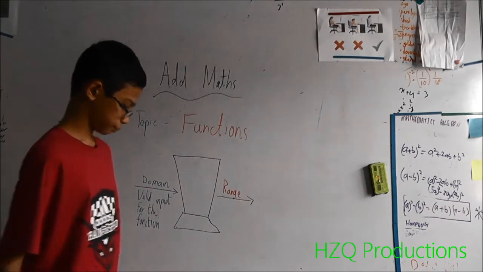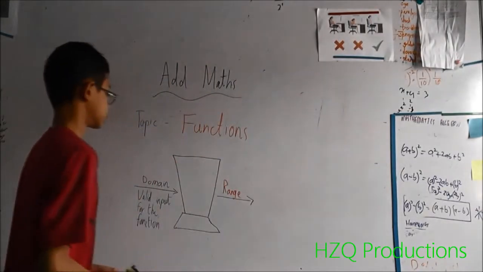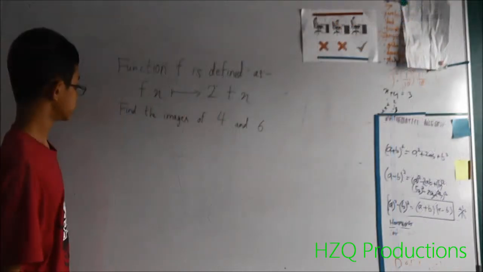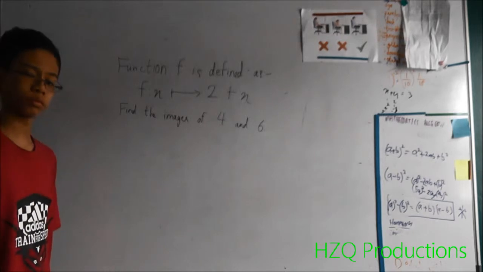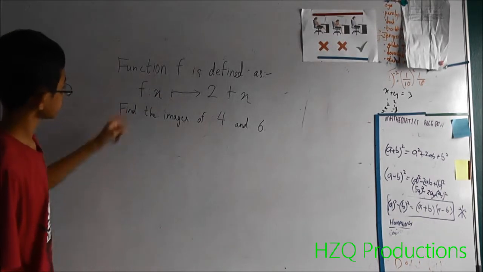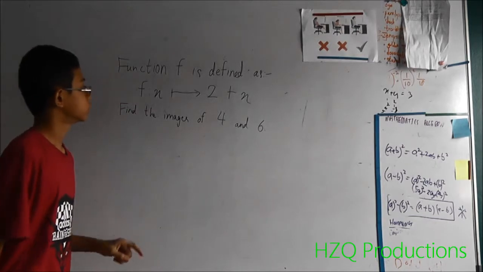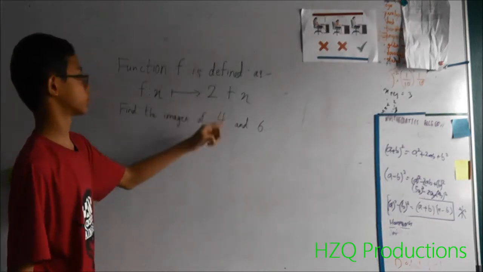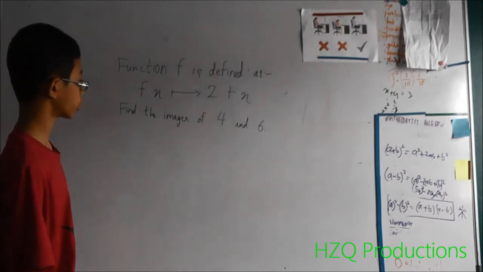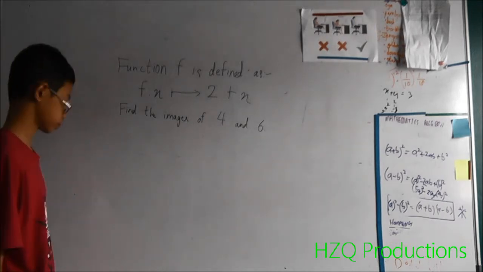Now, let us try a simple question to understand this. Okay, here's a very simple question. Function f is defined as f(x) equals 2 plus x. Find the images of f, 4 and 6.